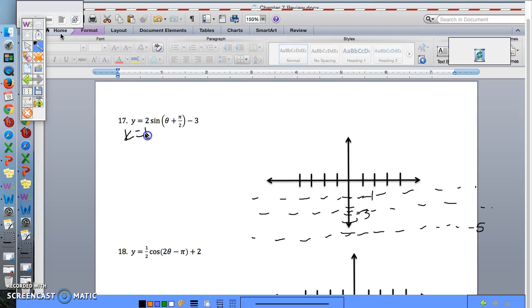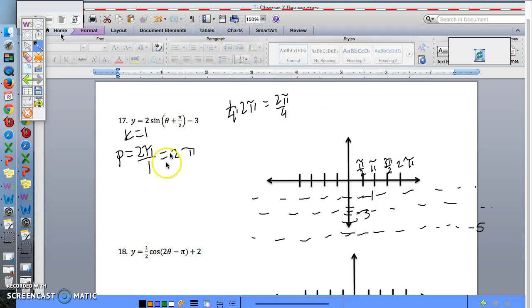Our k value is 1, so our period would be 2 pi over 1, which is 2 pi. Our scale, we can do 1/4 times 2 pi if we're not sure. So 2 pi over 4, so pi over 2. So 1 pi over 2, 2 pi over 2, which is pi, 3 pi over 2.